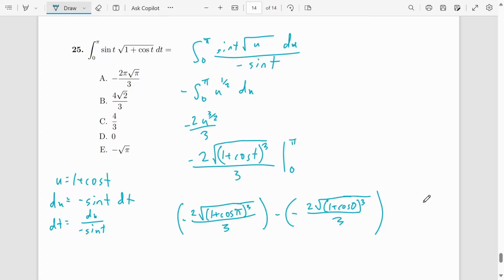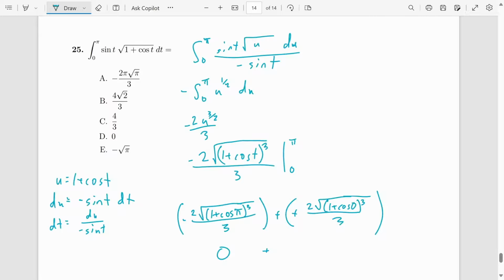Now let's simplify. So on the left here, this is going to simplify down to 0 because this inside part, cosine of pi is negative 1, and 1 minus 1 is 0. So that's going to make this entire numerator 0, which makes all of this 0. So it's 0 minus a negative. These negatives are going to cancel each other out. We're just left with whatever this is.